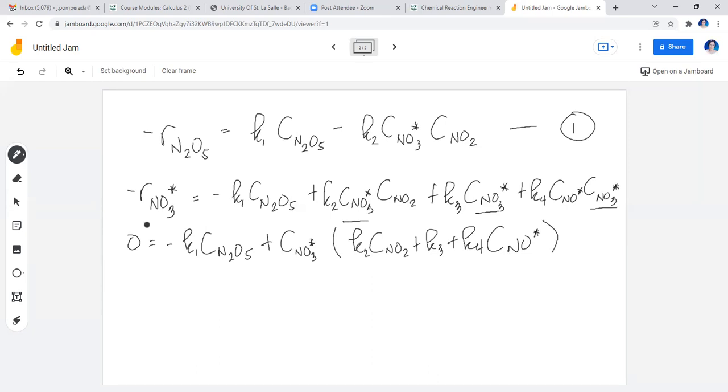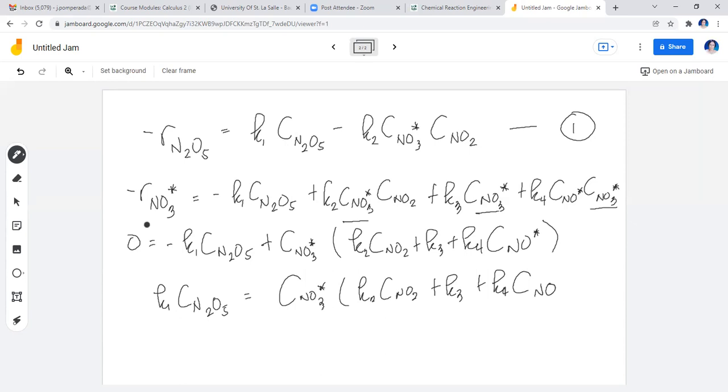Okay? Now I can transfer this to the other side to make it positive. So I will have K sub 1 concentration of dinitrogen pentoxide, and here concentration of NO3 asterisk, and you'll have K2 again, CNO2 plus K3 plus K4 concentration of nitrogen oxide.